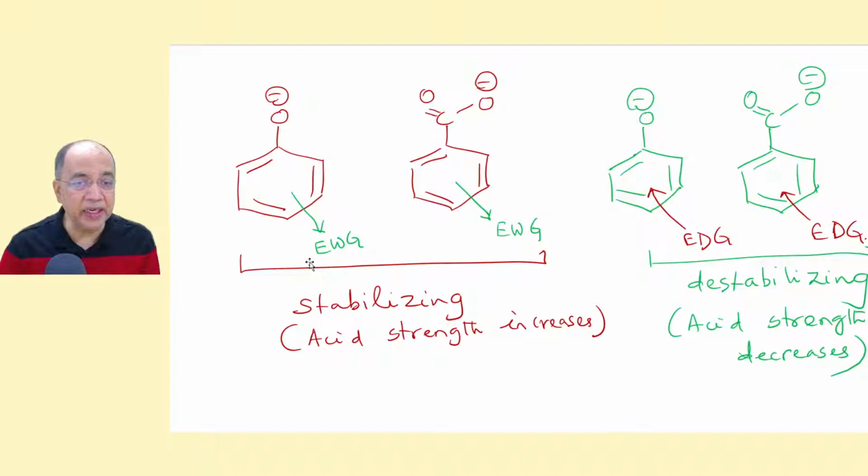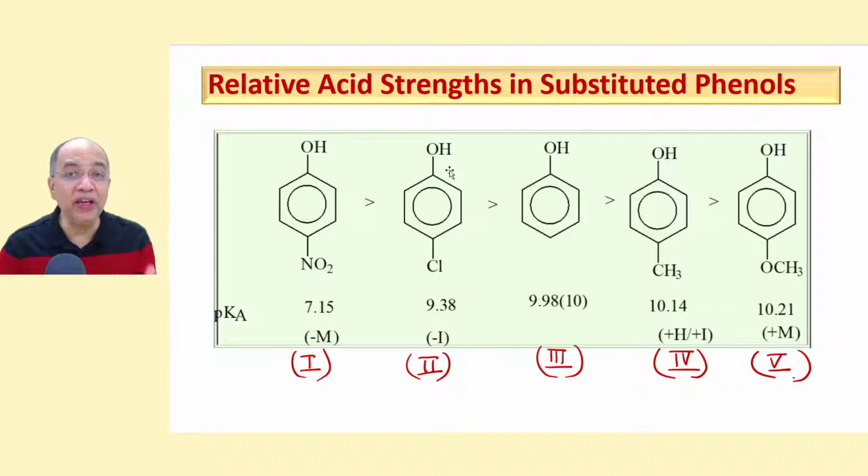If there is an EWG, electron withdrawing group, that is either minus M for resonance or minus I inductive effect, then it will stabilize the conjugate bases and make the acid strength greater. On the other hand, if there is an EDG, then it will destabilize the corresponding conjugate bases and that will make the acid strength decrease. This you know.